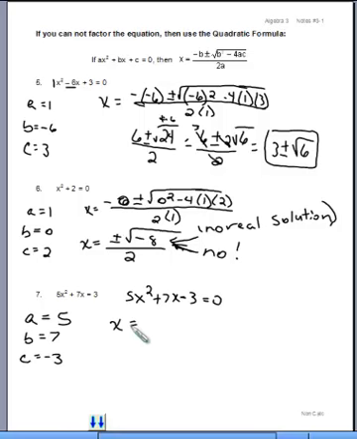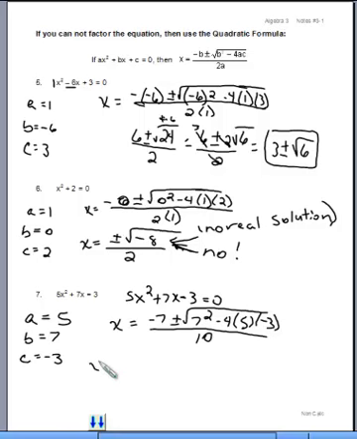And so we have x equals negative 7 plus or minus the square root of 7 squared minus 4 times 5 times negative 3, and if you notice, these are two negatives, so this is going to become a positive, and all of that is over 2 times 5, or 10. And that simplifies to be x equals negative 7 plus or minus the square root of 109, divided by 10.